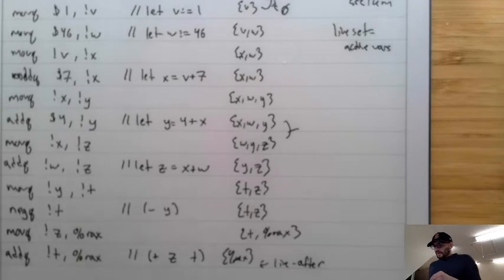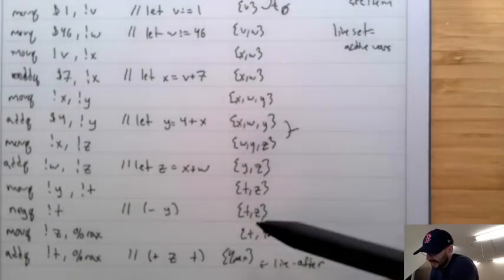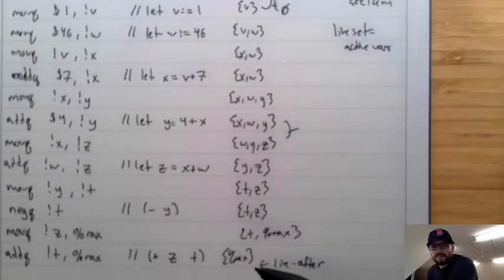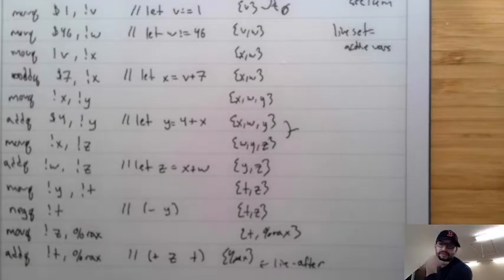Now, what we're going to do is codify that information about when variables are needed into what is called the live after set. The live after set is written right here, and we actually start at the bottom when we think about the live after. When the program is over, the only thing that we care about is RAX, because that's where the answer goes.